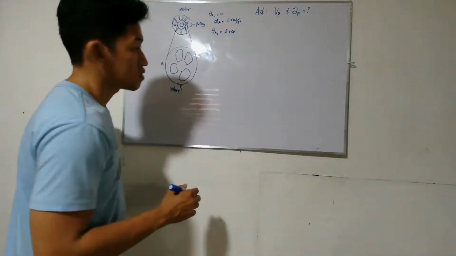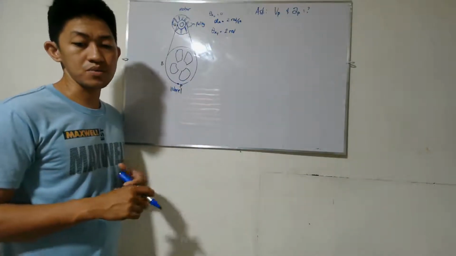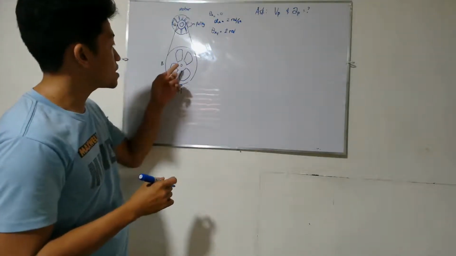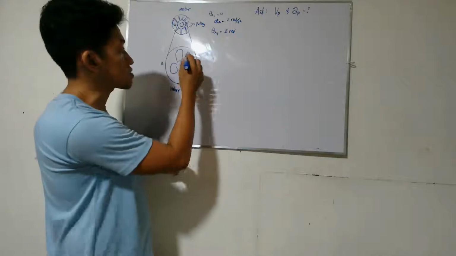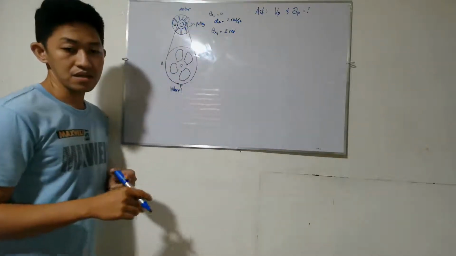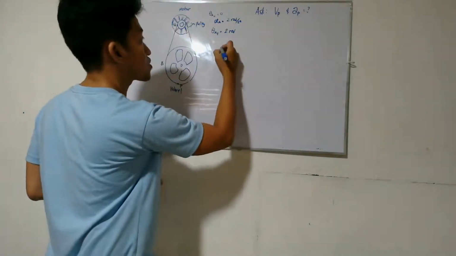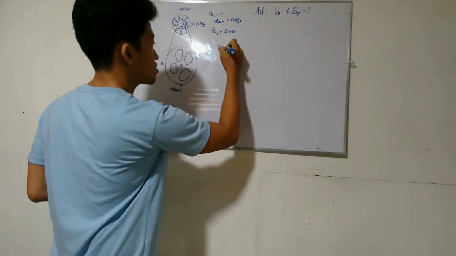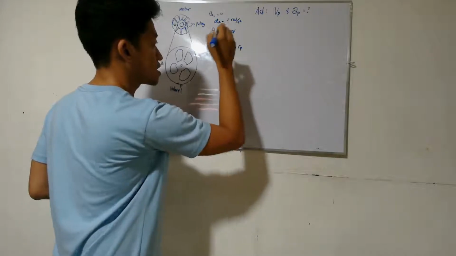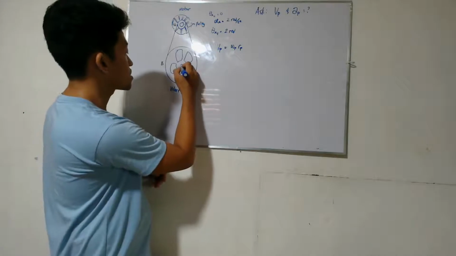So let's define what are the types of motion that present here. So for this wheel, this is rotating about a fixed axis. So this is a rotation about fixed axis as well as the pulley. Okay? So we are asked to find the velocity of point P. So velocity of point P is just omega P cross r P, or multiplied by the radius.